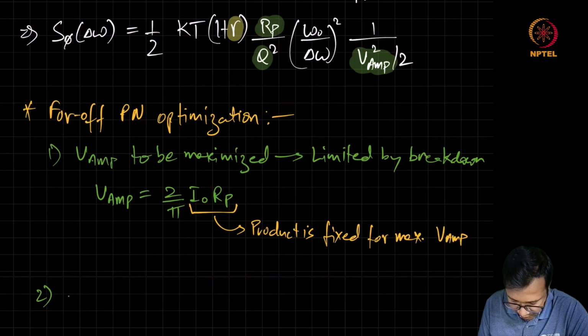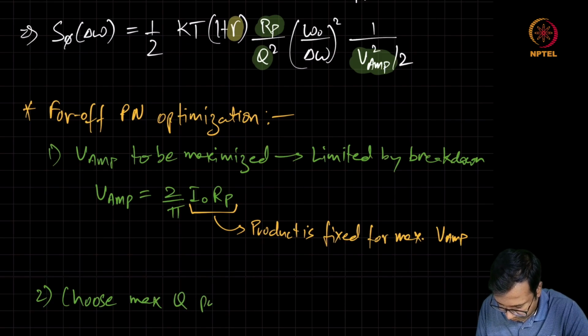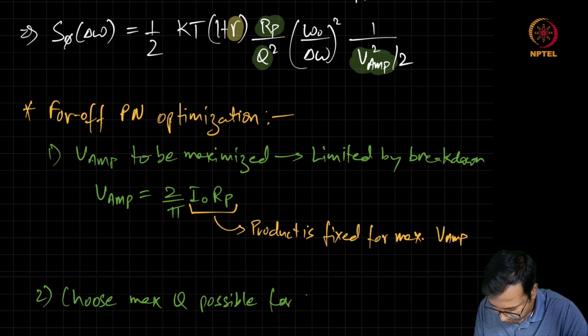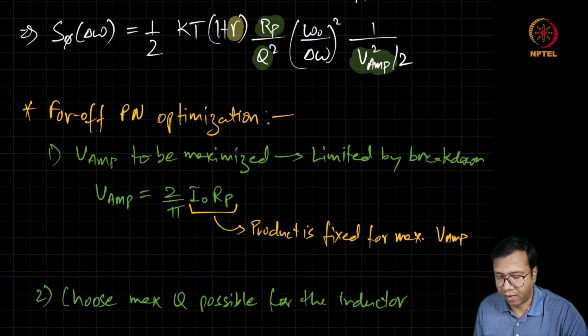Then choose maximum Q possible for the inductor, because the inductor Q is going to dominate the Q of the overall tank, especially when we are talking about few gigahertz frequency of operation.